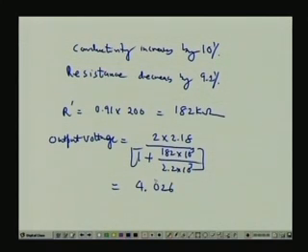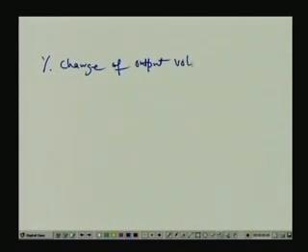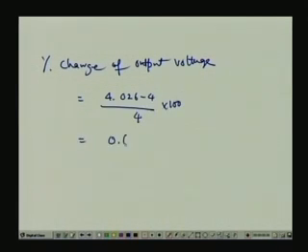So, the percentage change of output voltage is equal to 4.026 minus 4 by 4 into 100. So, this will give you 0.67%. Okay, this is the answer.